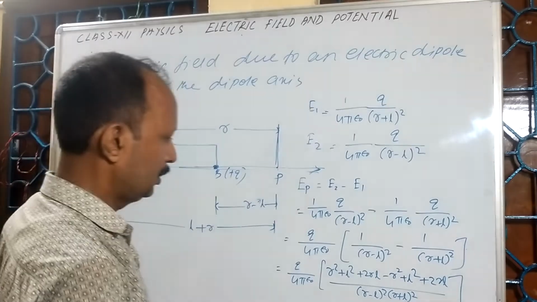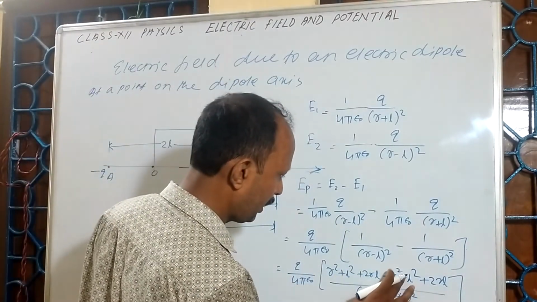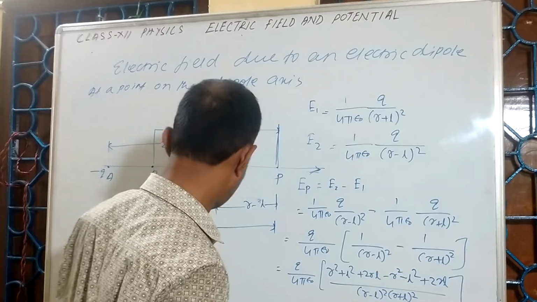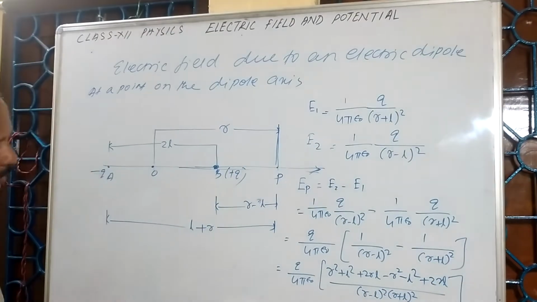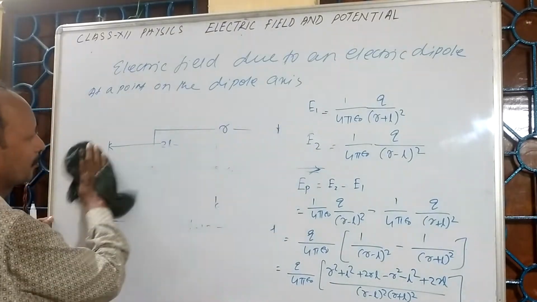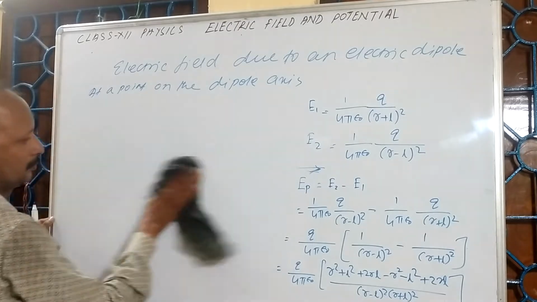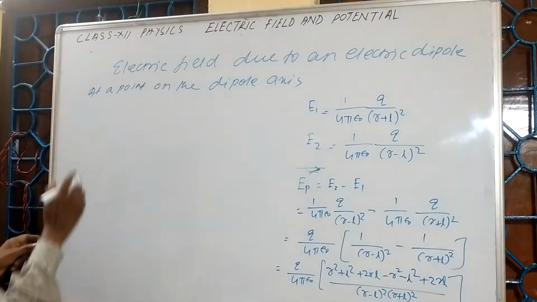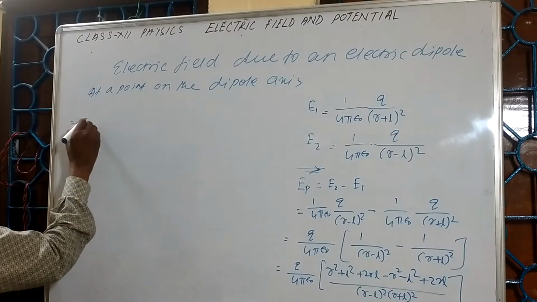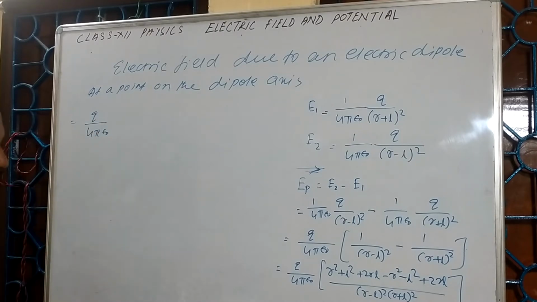Okay, so it is better I should write here, see here, this is equal to Q upon 4 pi epsilon naught.